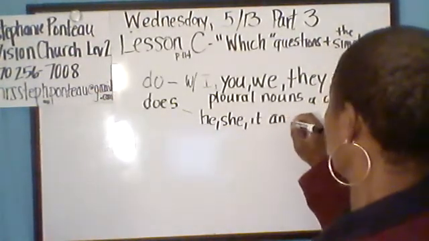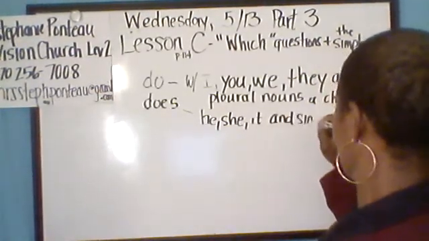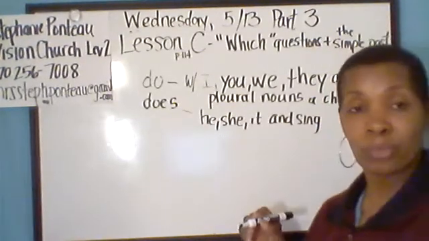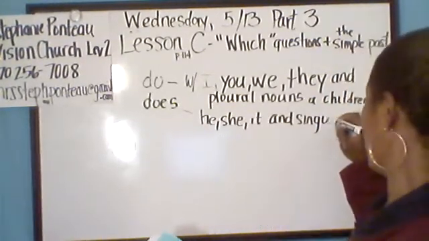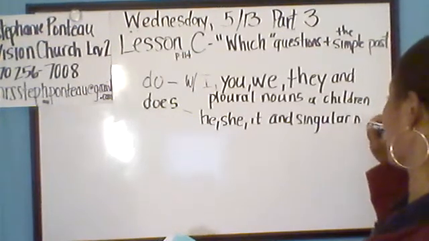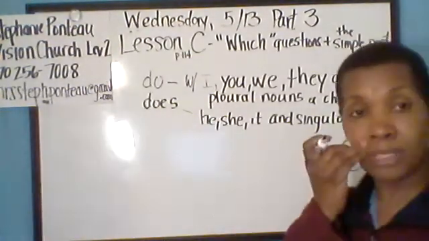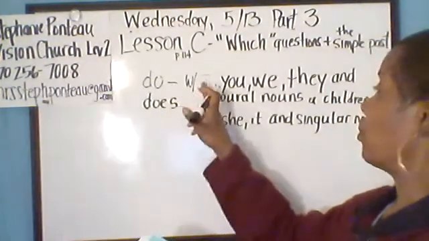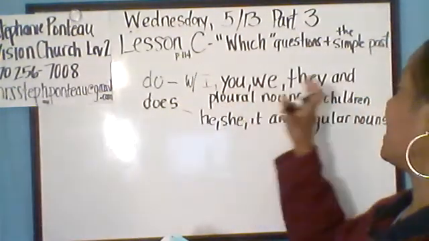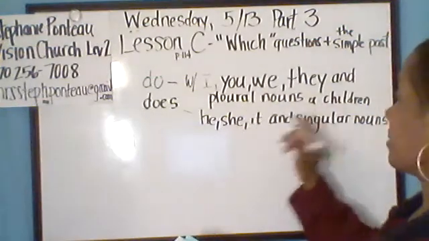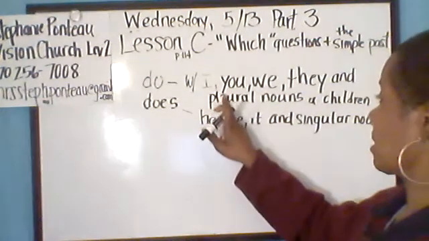And singular nouns. And you'll see, this will make sense when we do some of the sentences. But write these grammar rules down in your notebook. Do with I, you, we, they, and plural nouns. Oops, I spelled plural wrong.